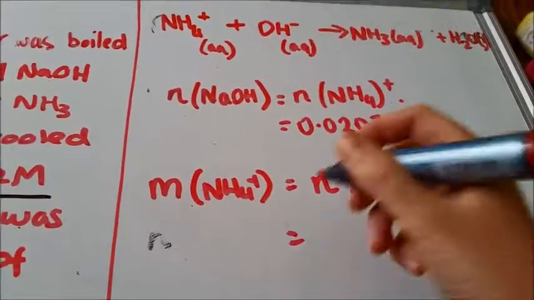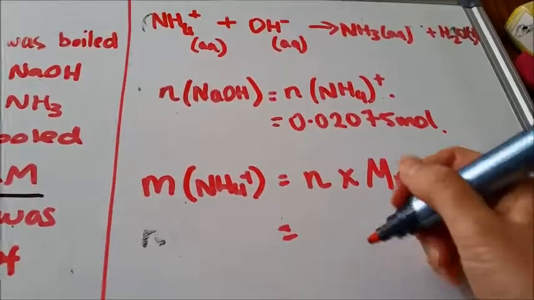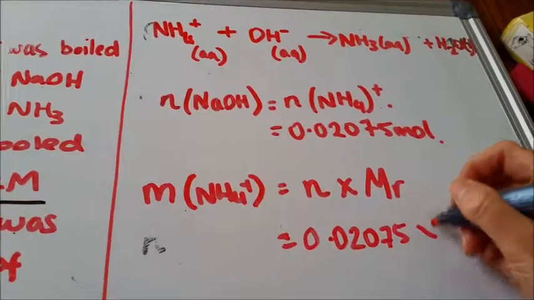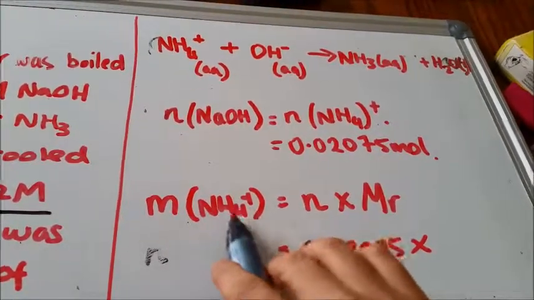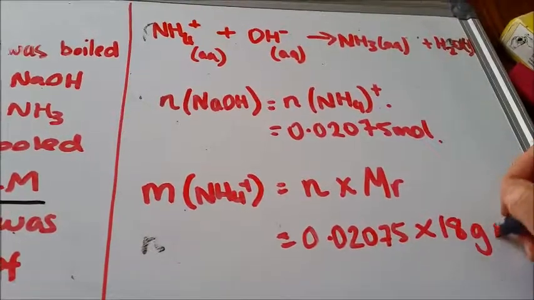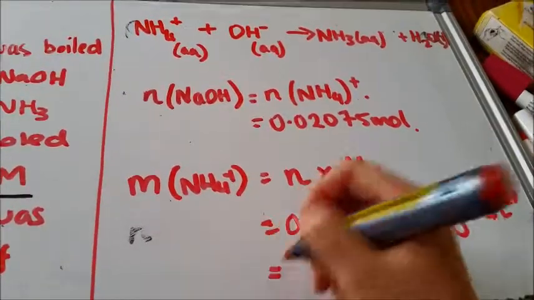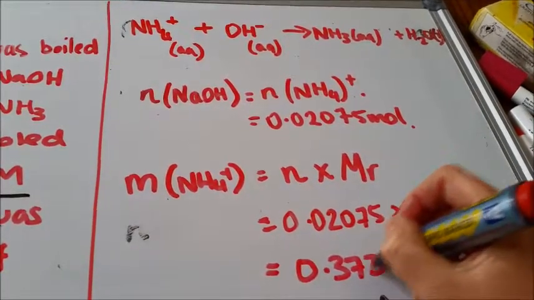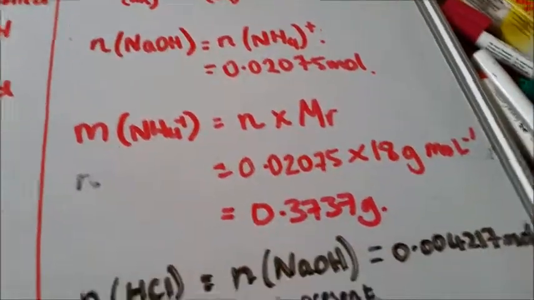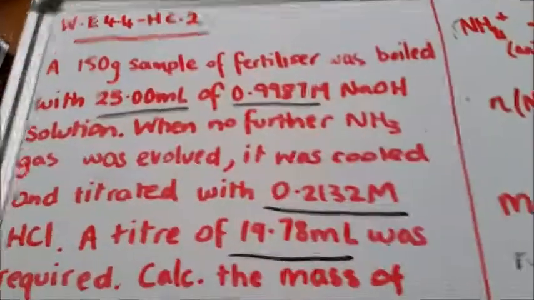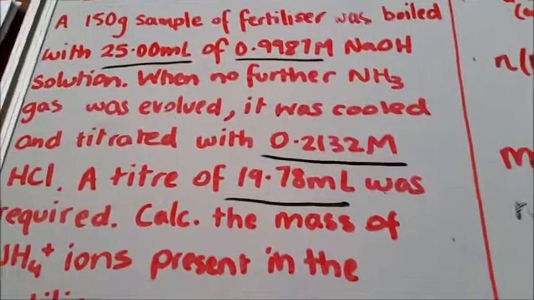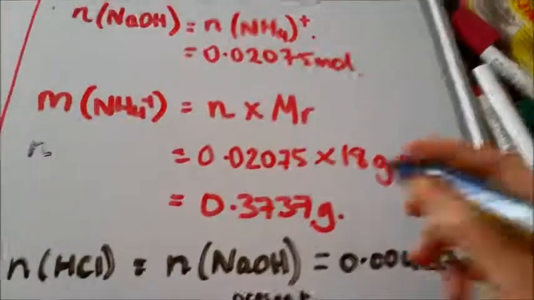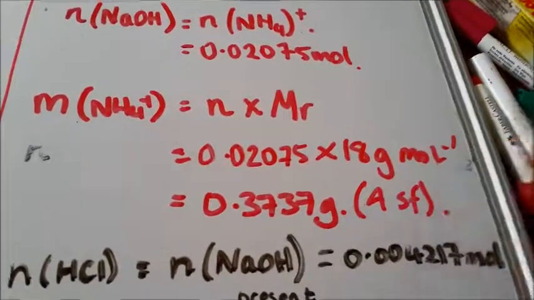And I'm using Mr just because some of you are still getting confused with molarity, which would be 0.02075 multiplied by 14 plus 4 is 18 grams per mole. Okay, and our final mass that we get out is 0.3737 grams. If we go back to our original question, let's have a look. The information that's relevant to what we're asking, all of them have 4 significant figures. So that 4 significant figures is fine.